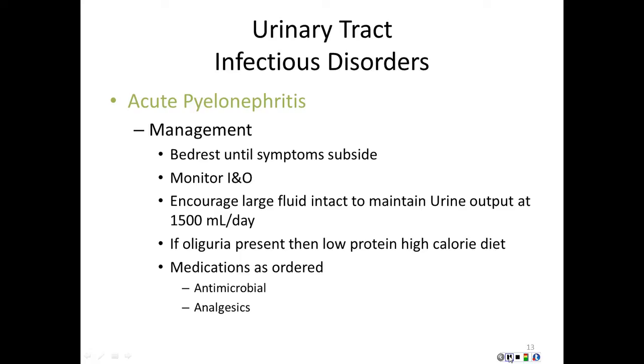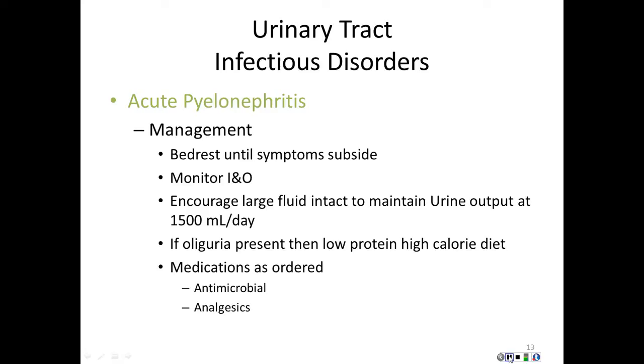If oliguria is present, which is defined as less than 400 milliliters of urine output per day, then we want to put them on a low-protein, high-caloric diet. These patients don't need the protein because of how it's going to clog up the kidneys. We may be seeing some issues with that.